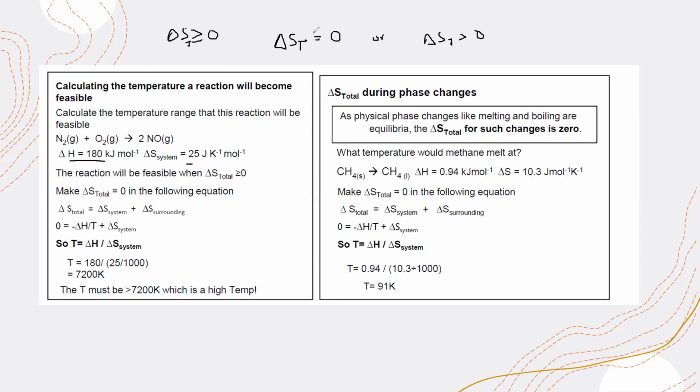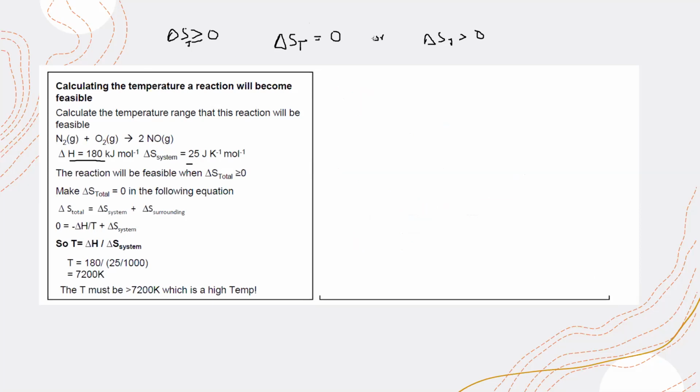That's the temperature. So we can use the formula that the total entropy should be greater than or equal to 0. The minimum value we can take is 0, but it should be more than 0.